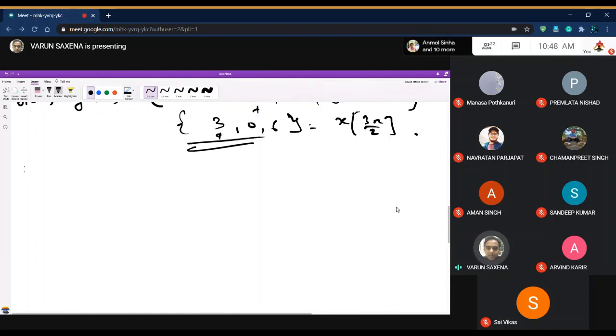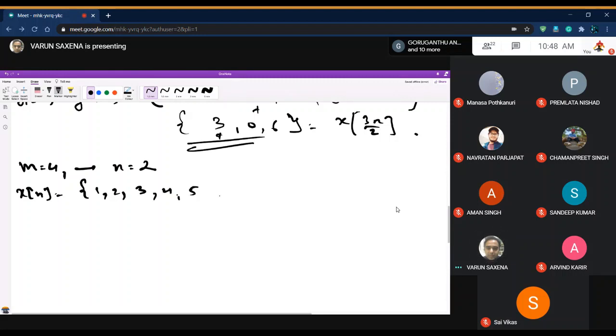But let's say that we start with M equal to 4 and then we go to N equal to 2. What will we get? So let me just write the sequence again. So the sequence is 1, 2, 3, 4. Okay, so now let's just do this first.